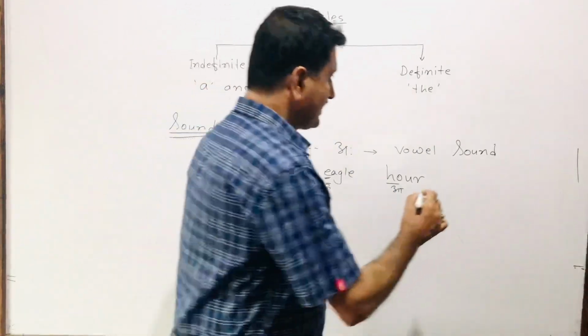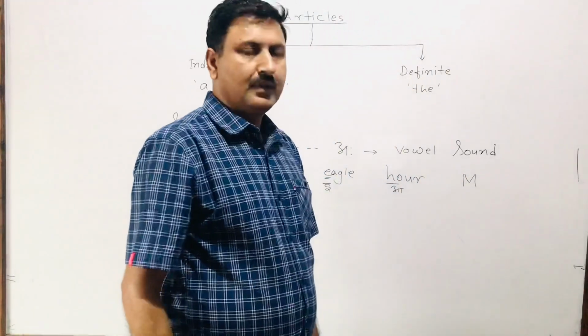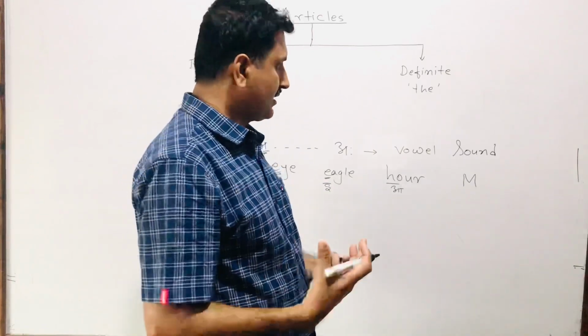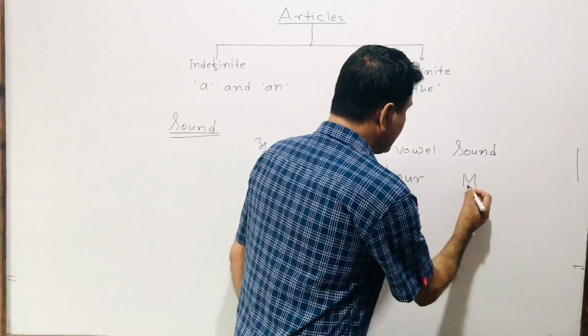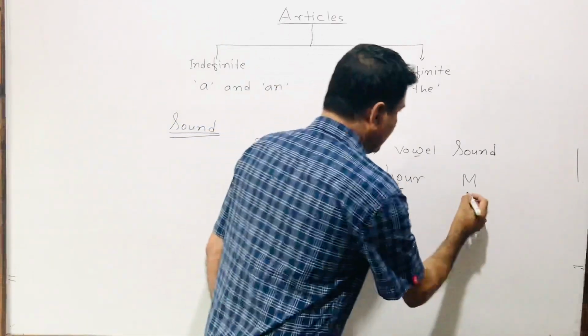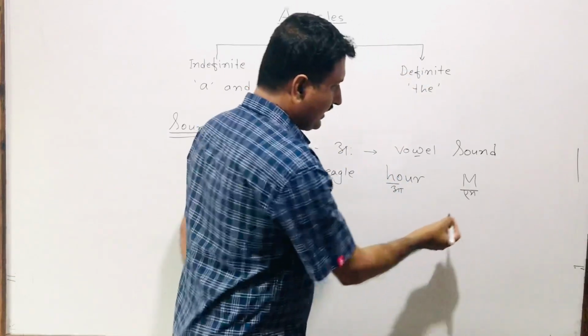Sometimes we may have to use article before a letter also, observing the sound of the letter. For example, M. What is the sound of this M? If we are asked the question, then this falls in the group of vowel sound. M, pronunciation goes like this.